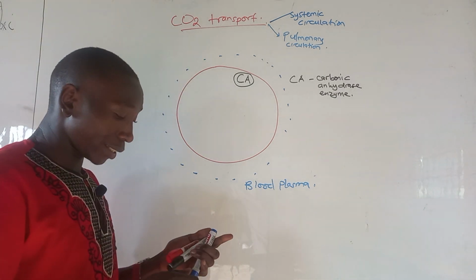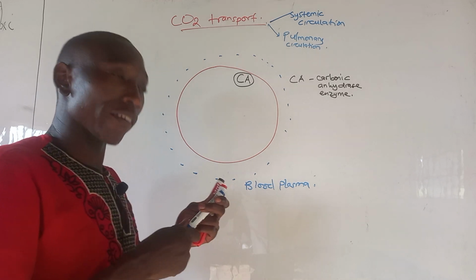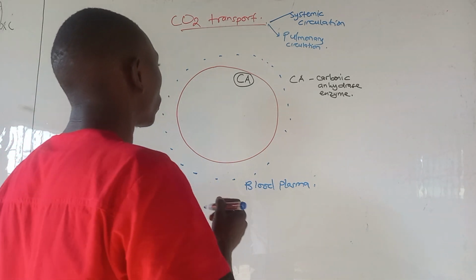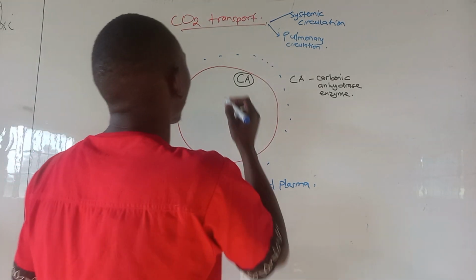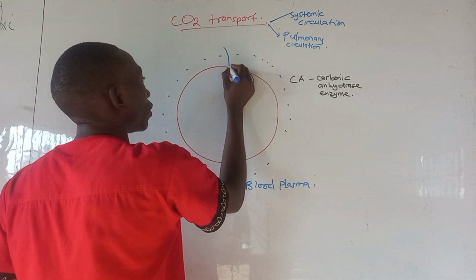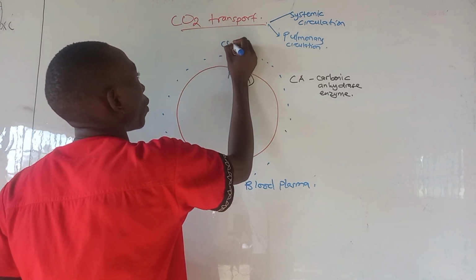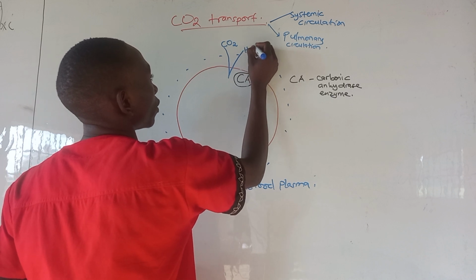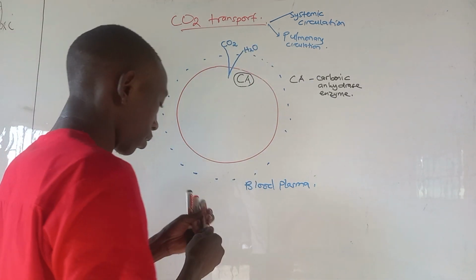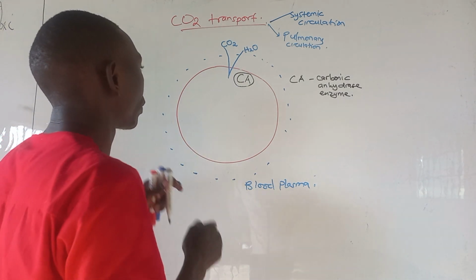So this enzyme within the red blood cell catalyzes a reaction between the water molecule and carbon dioxide. This is my carbon dioxide entering, and this is water. This enzyme is catalyzing that reaction.